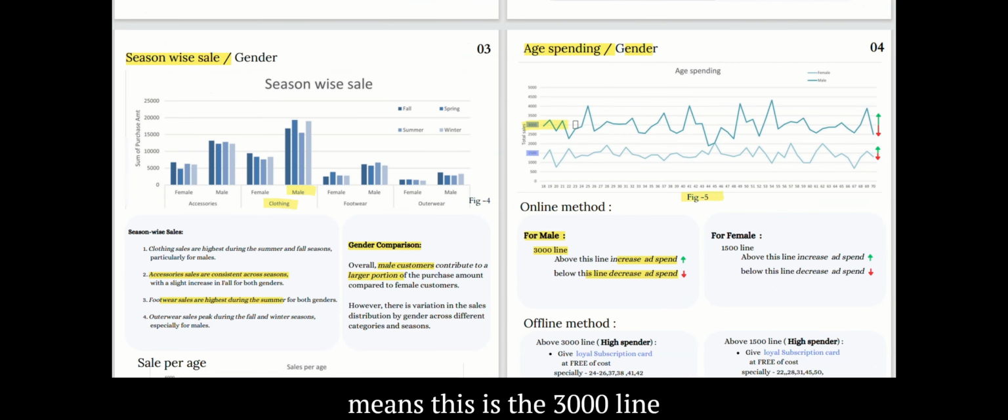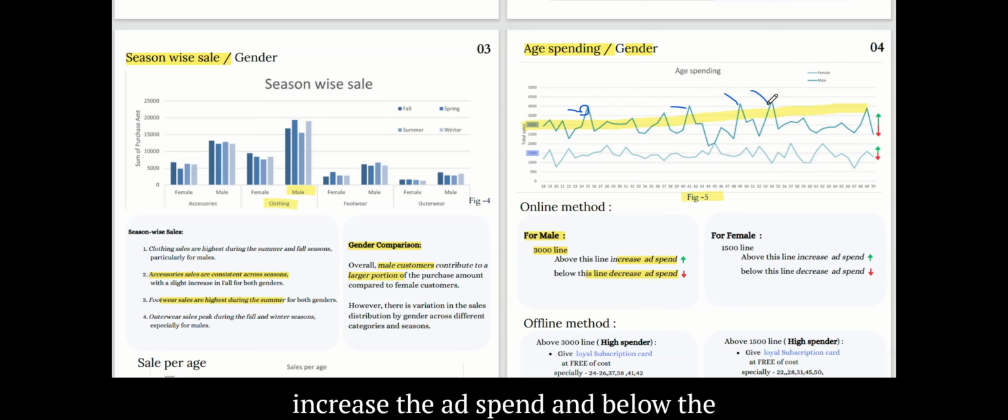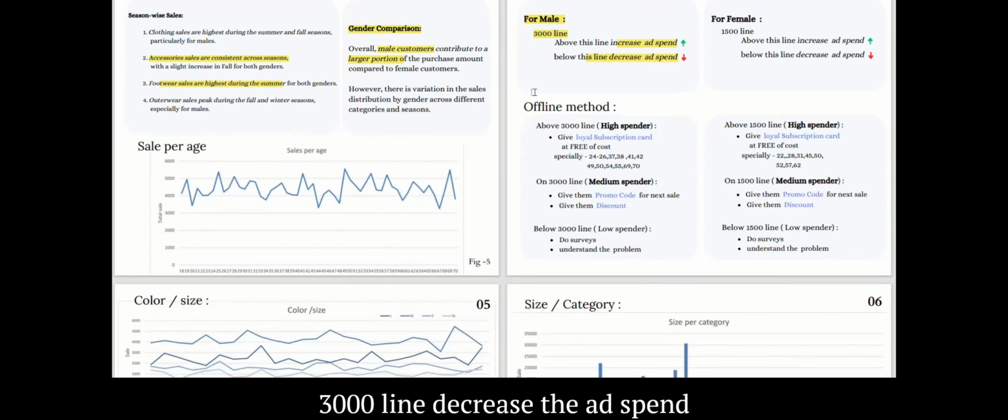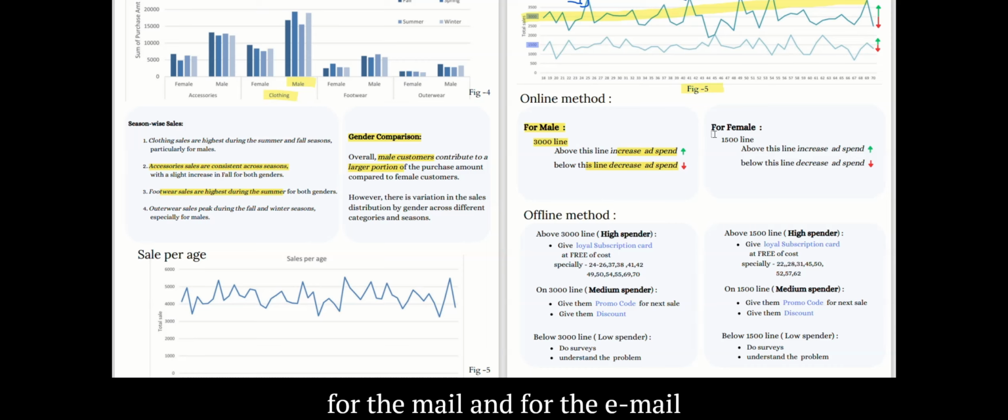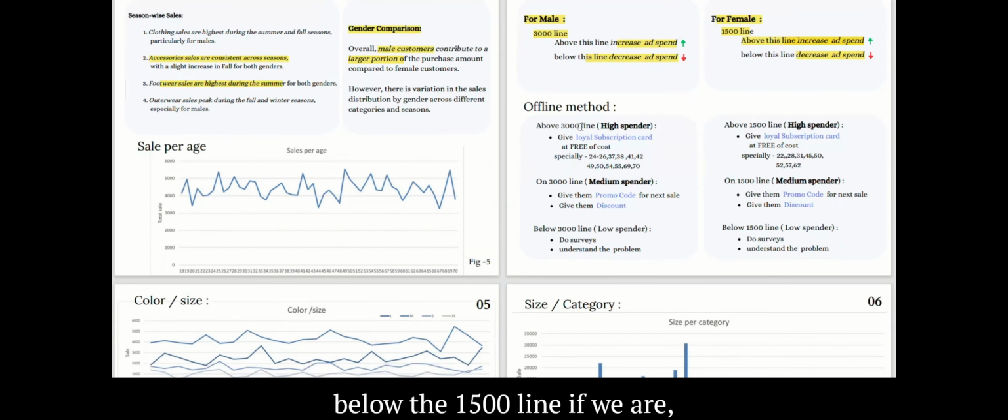Means this is the 3000 line, above the 3000 line increase the ad spend and below the 3000 line decrease the ad spend for the male. And for the female, same: above the 1500 line increase the ad spend on Google and decrease the ad spend below the 1500 line.